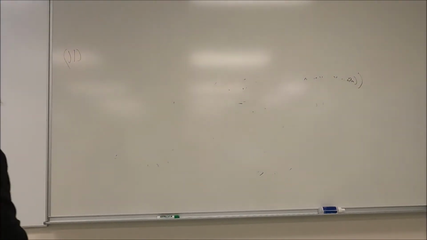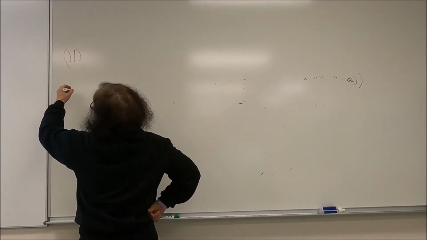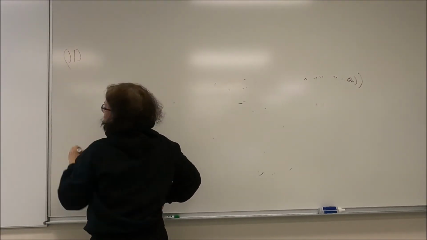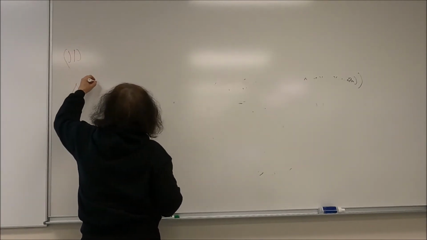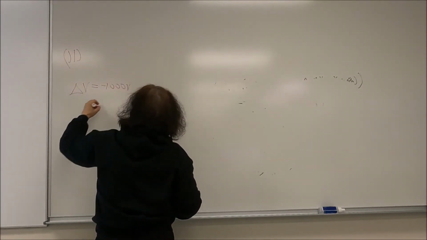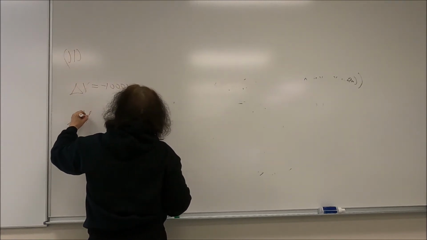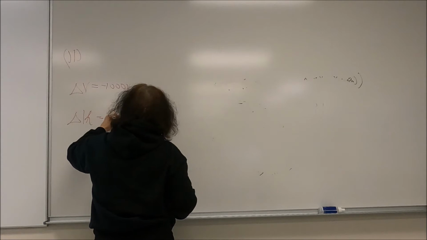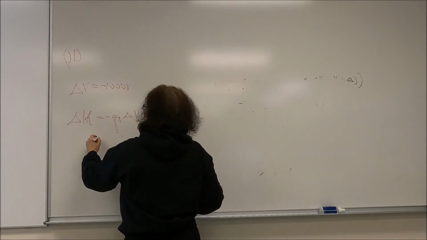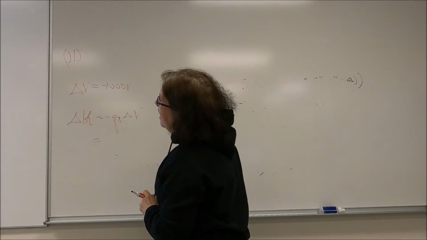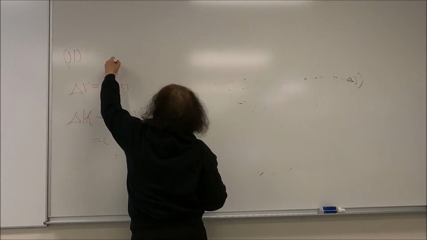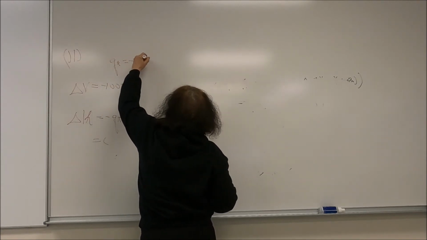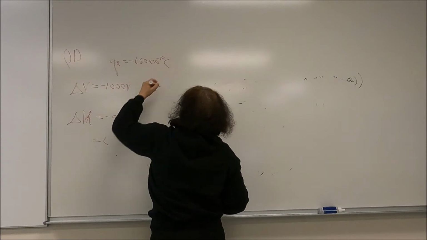So, I've got our potential difference, delta V, is minus 1,000 volts. Change in kinetic energy is equal to negative QT delta V, and we were told that we have an electron. So the charge on an electron is minus 1.60 times 10 to the minus 19 coulombs.